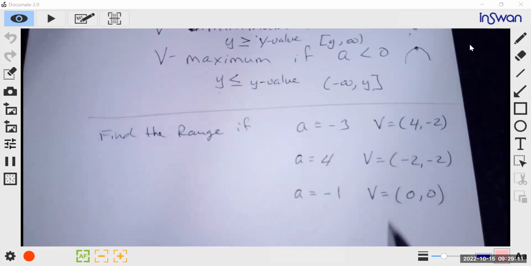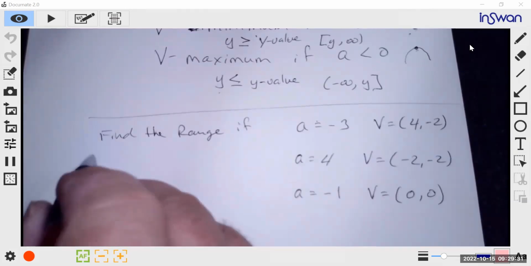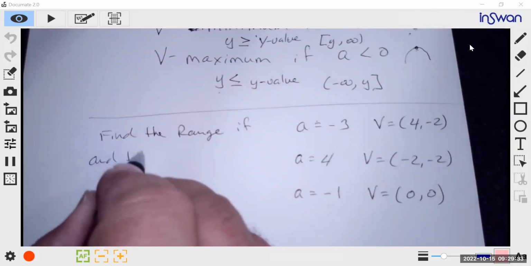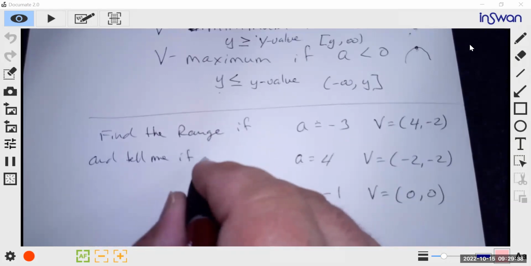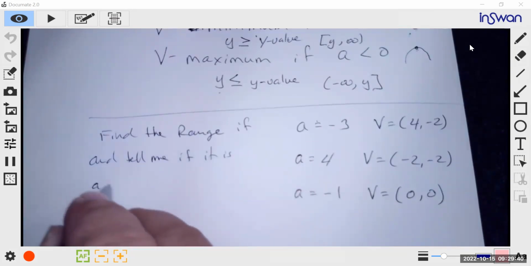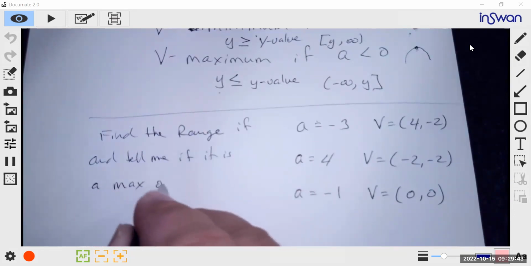Find me the range of these three examples, and tell me if it is a max or a min.